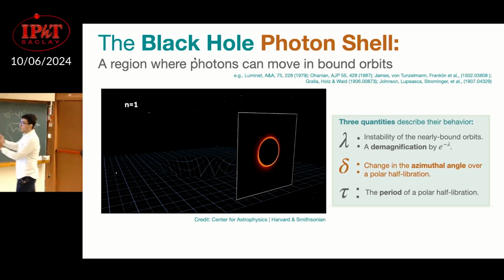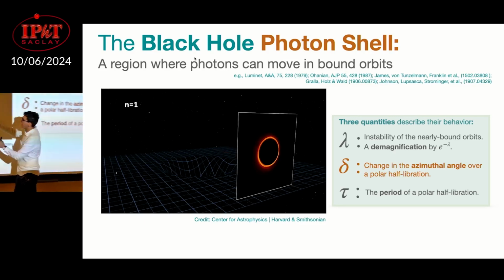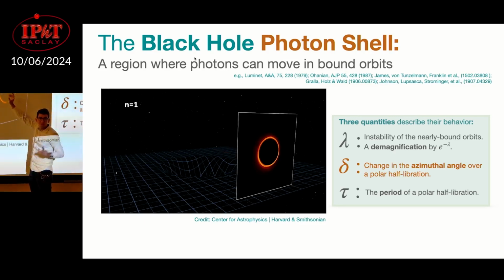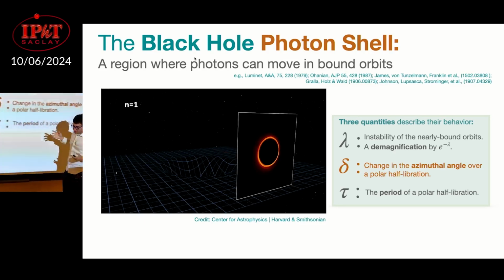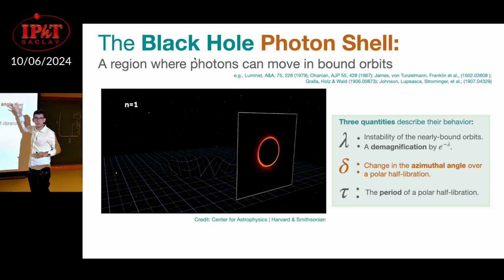Okay, going back to this discussion, the photon shell and this image, this is the key point. Whatever we see in a black hole image depends on two things, the astrophysics and the gravity behind it. And the gravity sector is arguably simpler to describe because it just needs these three parameters, which depend on the black hole parameters: mass, spin, and inclination of the observer, the geometry. If there is charge, in principle, there will be a charge here.